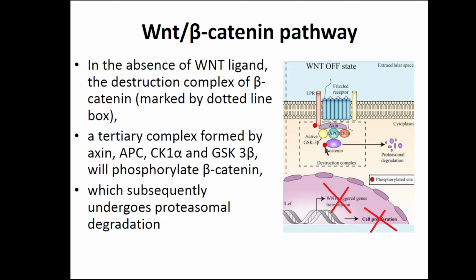So beta-catenin is in phosphorylated position and cannot separate from this complex. So it goes to proteasomal degradation, does not come to the nucleus, does not help transcription factors, and there is no transcription.